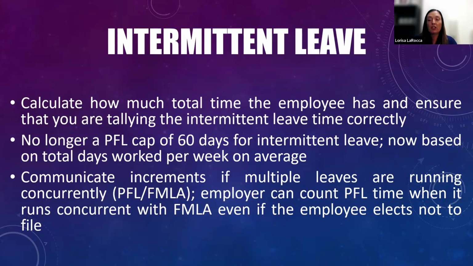So you just make sure that when you're going through, we're not just automatically saying, oh, there's your 12 weeks of time, or there's your 60 days for your intermittent leave. You've got to base it on that particular employee and the amount of time that they would otherwise be entitled to. Again, make sure if multiple leaves are running concurrently that you're communicating to the employee what increments they have to use that time in.